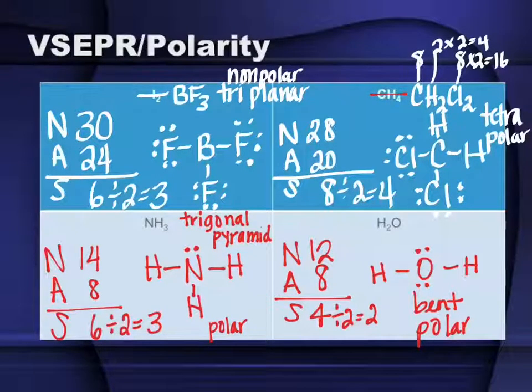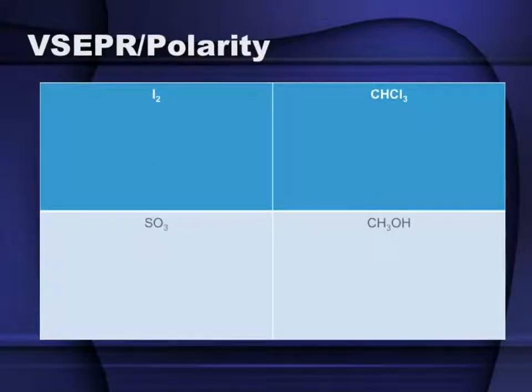Let's draw one more. I like SO3. Let's do SO3 here. So needed, available, shared. Needed, we have 8 times 4 is 32.